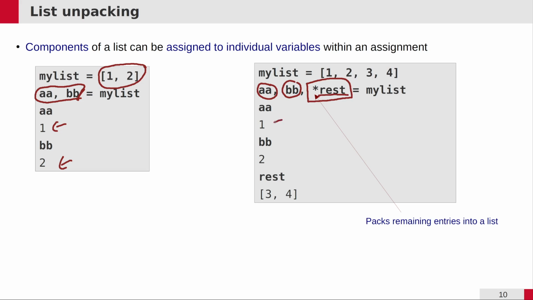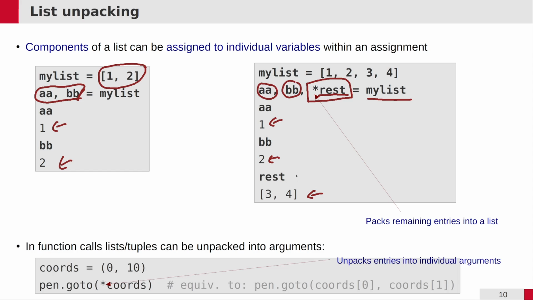Then you see that A would be the first element, B the second element, and rest would always be a list containing the remaining elements. You can do the same unpacking with a tuple. If you had not a list but a tuple, it would also work, but nevertheless the rest would always be a list which you get at the end.